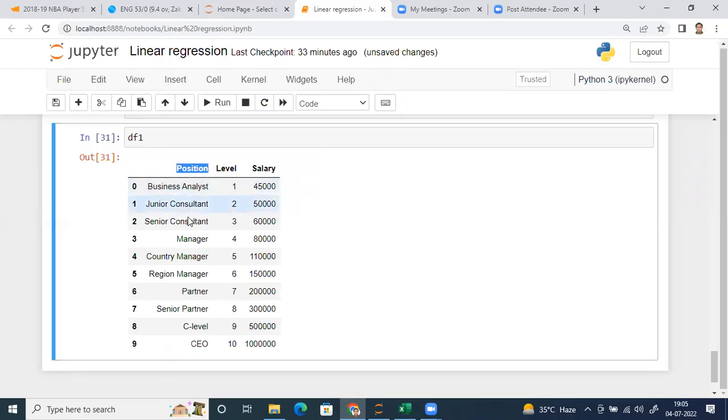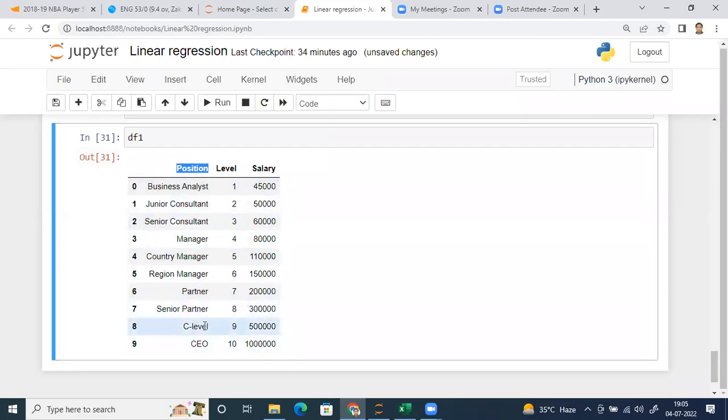CEO is the top level, then C level, then senior partner, then regional manager, then country manager, then senior consultant, then junior consultant, then business analyst. So there is a hierarchy, and when we convert them into the numeric column, we'll give the highest weightage to CEO.